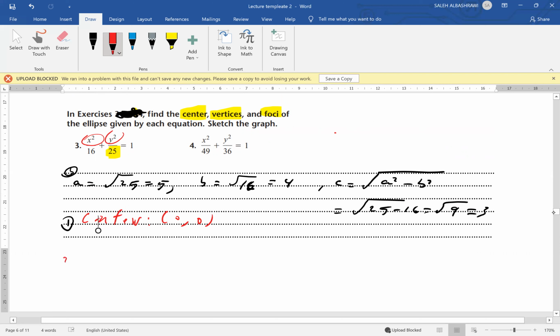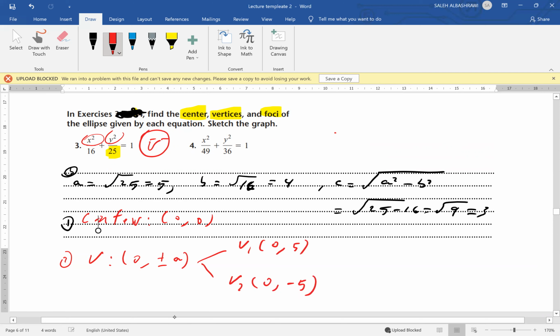The vertices will be, because this is vertical, 0 plus or minus A. I will have 2 vertices, V1 and V2. V1 is 0 and A, which is 5. V2 will be 0 and minus 5.